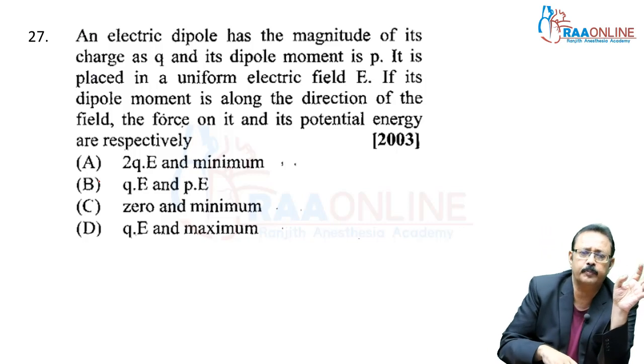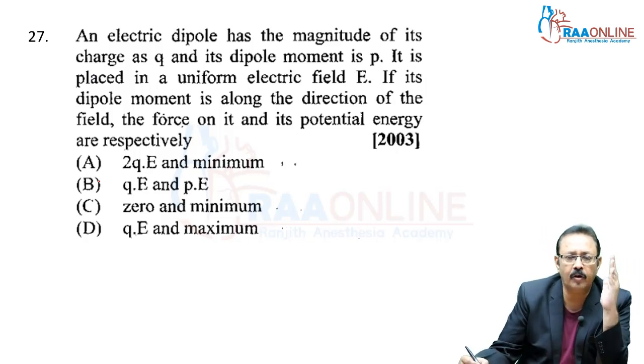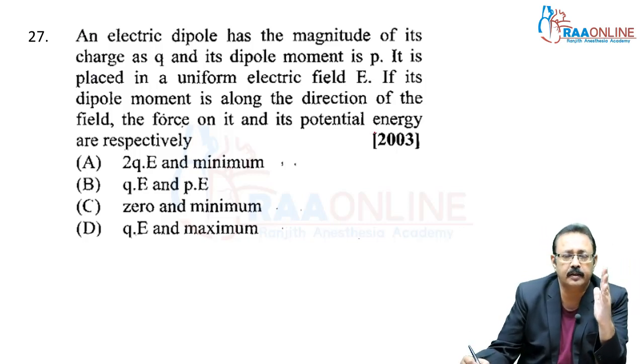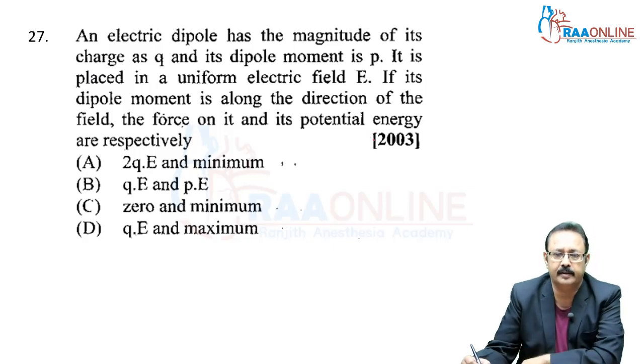So we will go with potential energy, maybe only with the help of one thing you will get your answer. Potential energy, what is the formula? I told you minus PE cos theta, but it is aligned in the direction of the electric field. So theta is 0 and cos 0 is plus 1.